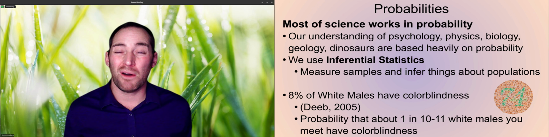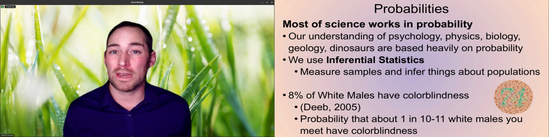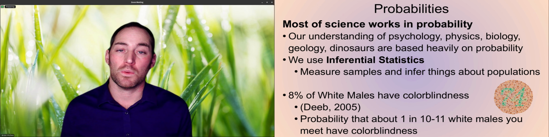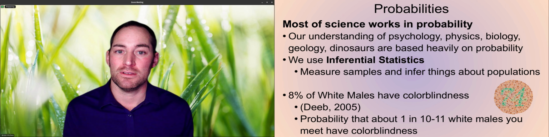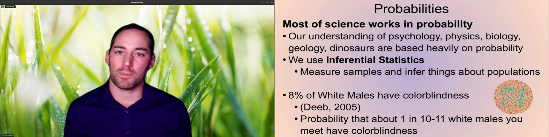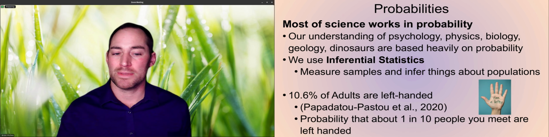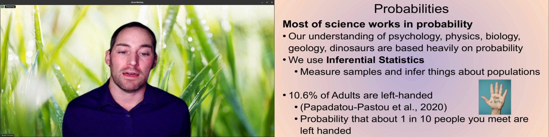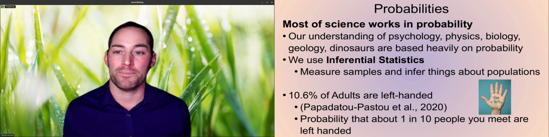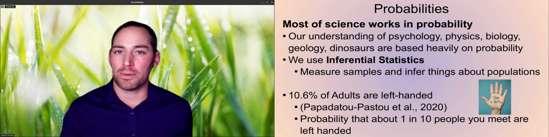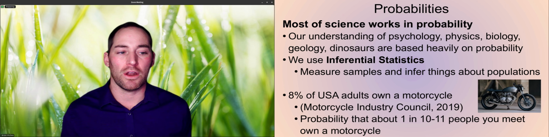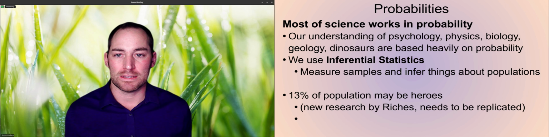So about 1 in 10 or 1 in 12 or 1 in 11 white males that you meet will have color blindness. So just imagine that, going about your day, you meet 10 people in your day, probably one of those 10 people were left-handed, right? So that's how probabilities work. This is how we use probabilities for predictions based on our samples for our studies.